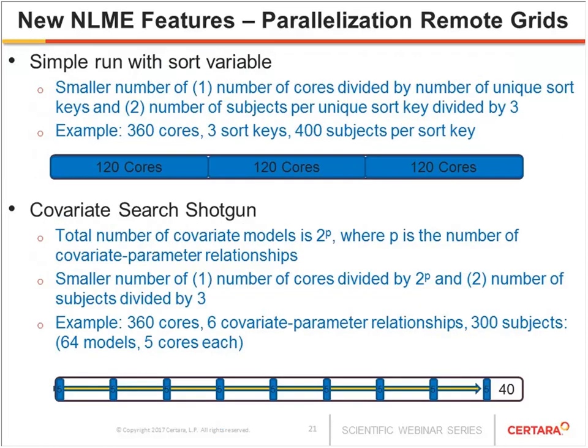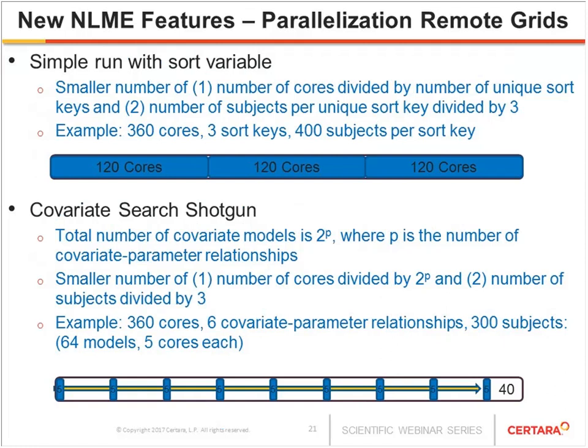If you had a sort variable, so perhaps a sort variable of site on a population PK analysis, and you wanted a separate set of parameters for each site, not using covariates, but actually running separate models. Maybe you had 3 sort keys with 400 subjects per sort key, and you had 360 cores. It's again going to divide the number of unique subjects per sort key by 3, so 400 divided by 3.